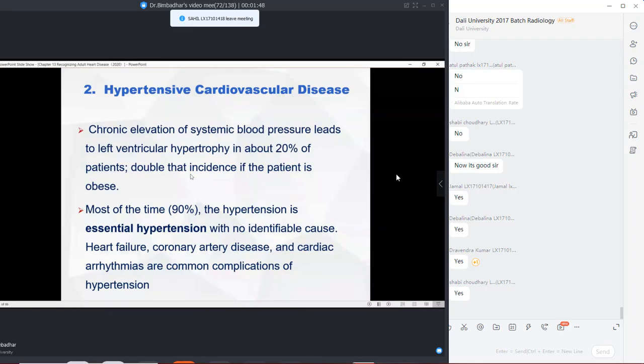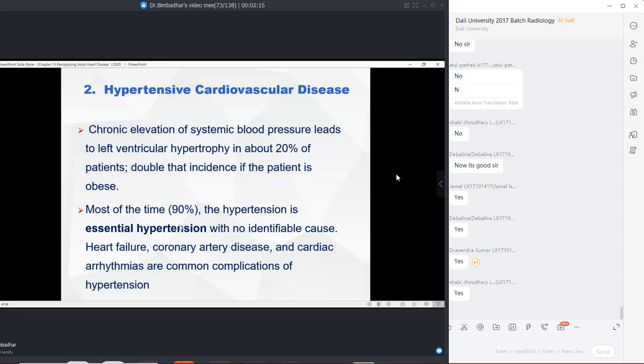And it is called essential hypertension with no identifiable cause. If a patient comes with hypertension, something like 140, 150 upon 90, and there is no apparent cause, we call it essential hypertension.